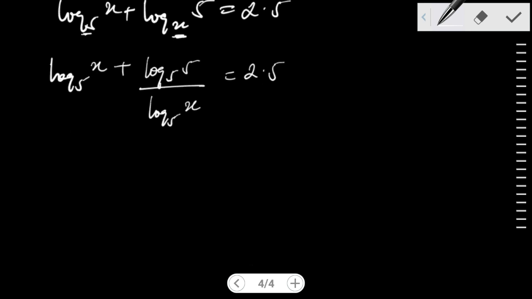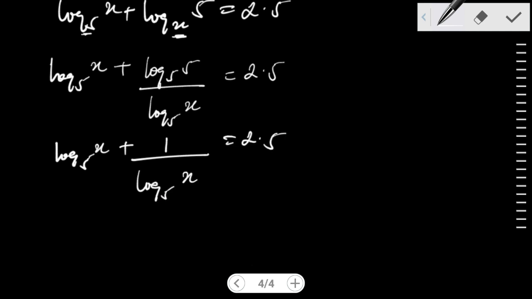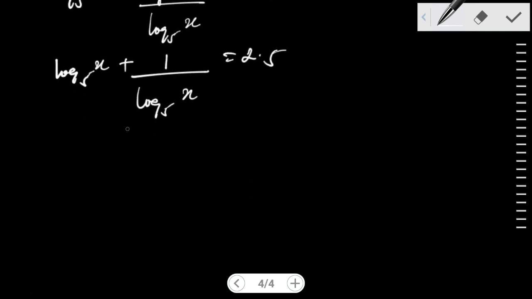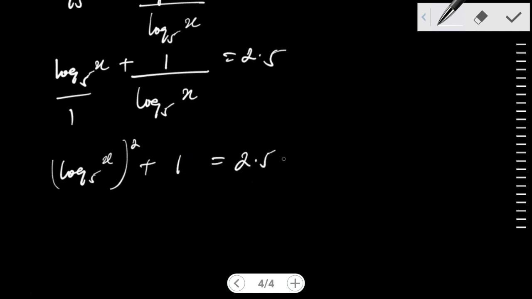And therefore what we're going to have here is log base 5x plus 1 all over log of 5x is equal to 2.5. And so if we look at this, if we multiply throughout as our LCM, we are going to have log of 5 x squared, plus 1 equals to 2.5 log base 5 of x.